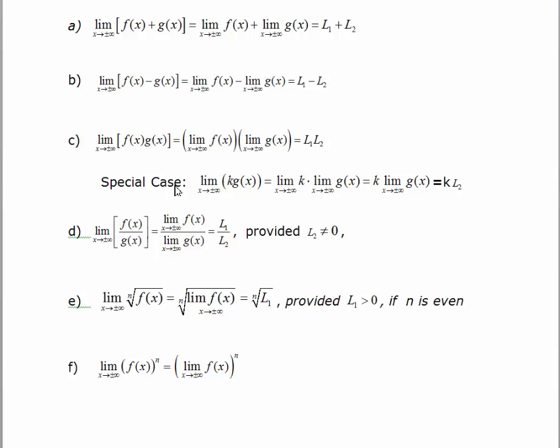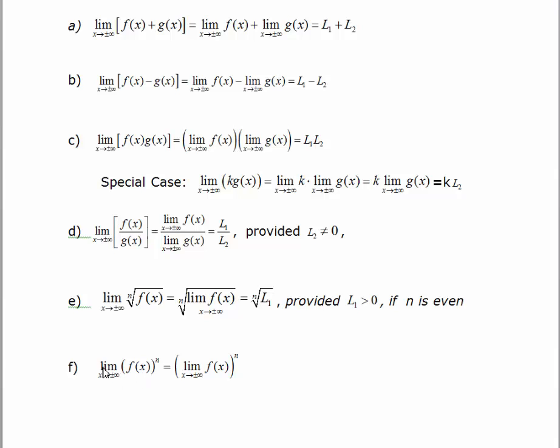The limit of a quotient is the quotient of the limits, as long as the denominator's limit does not equal 0. The limit of a square or an nth root function is the nth root of that limit, as long as, if you have an even root, your limit is greater than 0. Remember, you can't take the even root of a negative number.